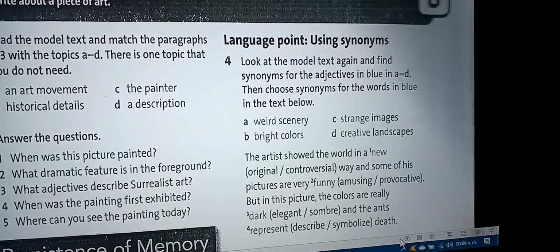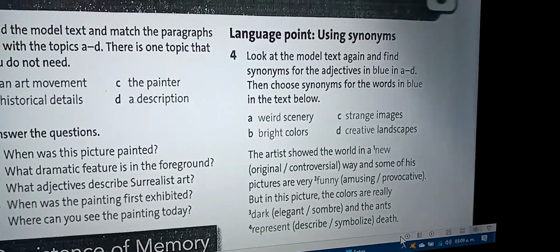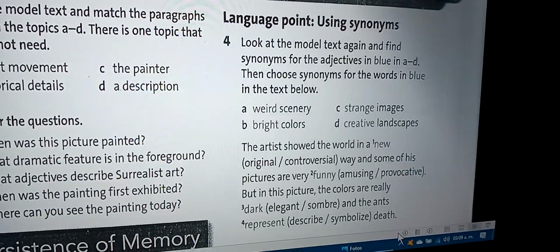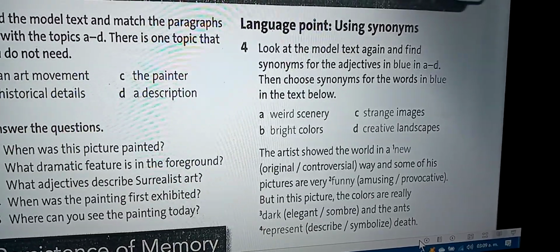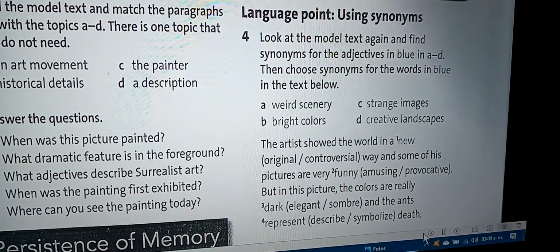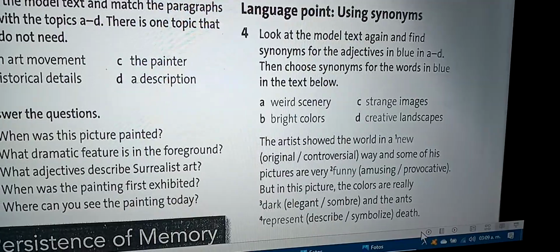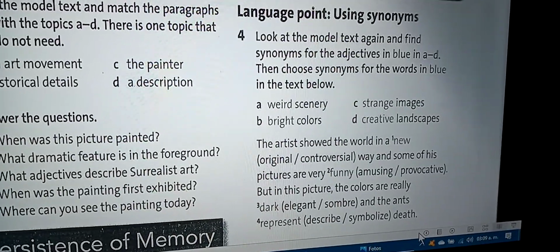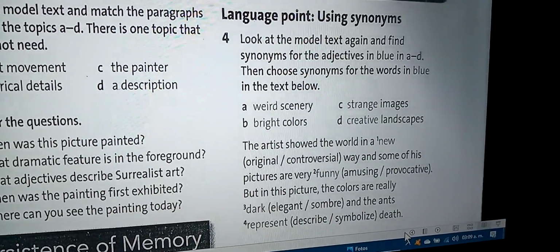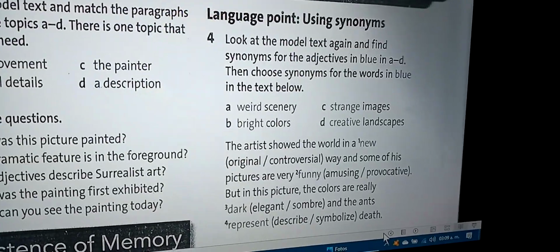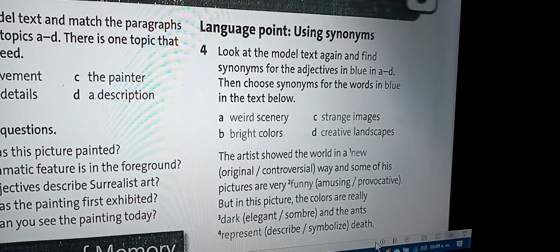Repeat the instruction. Look at the model test again and find synonyms for the adjectives in blue in A and D, and then show synonyms for the words in blue in the test below. Okay, let's see. A. Weird scenario.